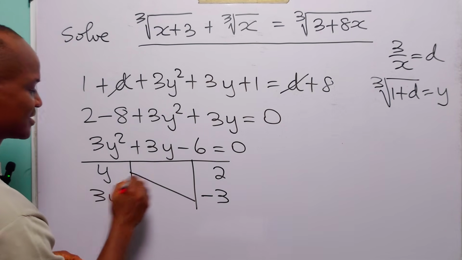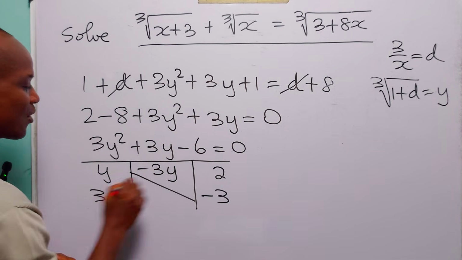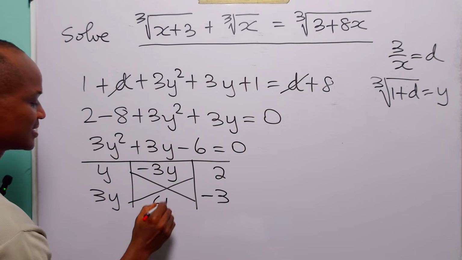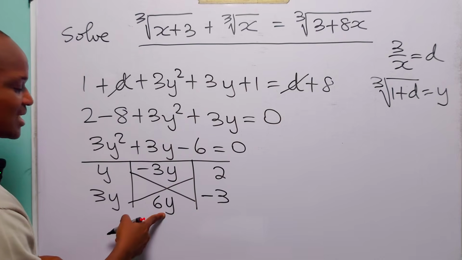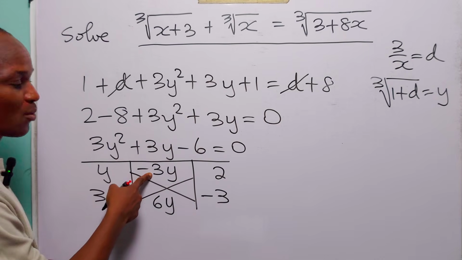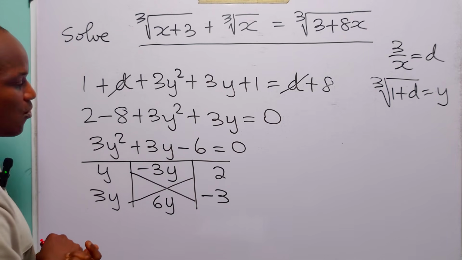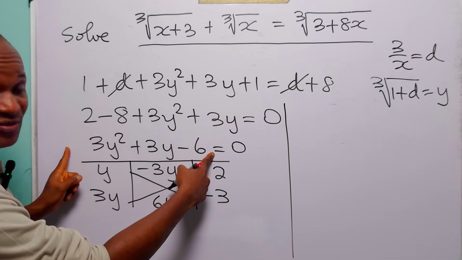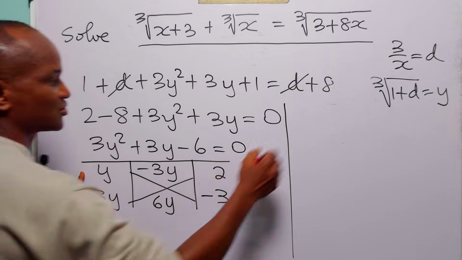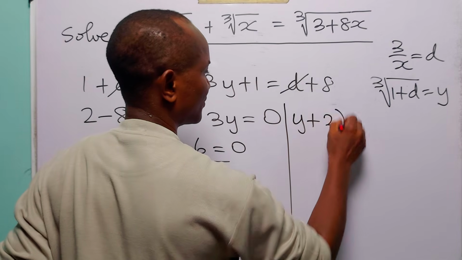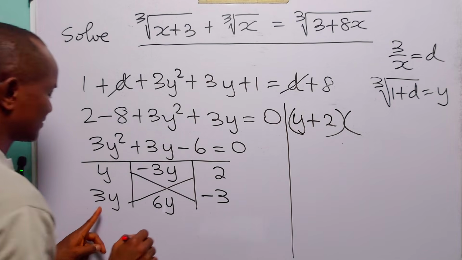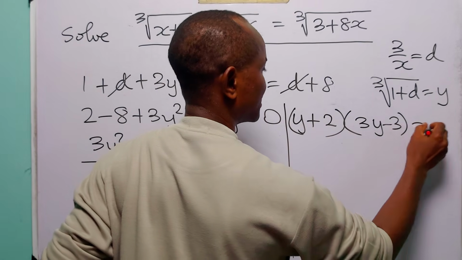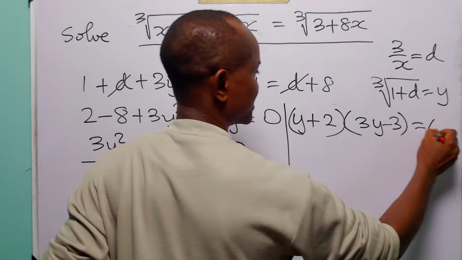Y times minus 3 is going to give us minus 3y, and 3y times 2 is going to give us 6y. And of course, 6y minus 3y is going to give us 3y. So when we factorize the left-hand side of this equation, we have y plus 2 times 3y minus 3 is equal to 0.